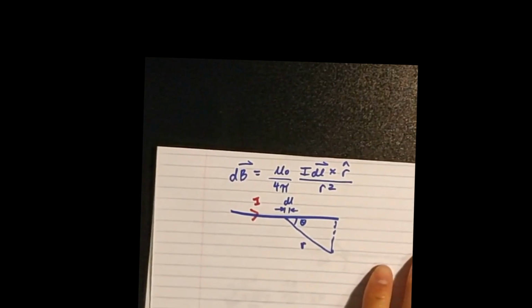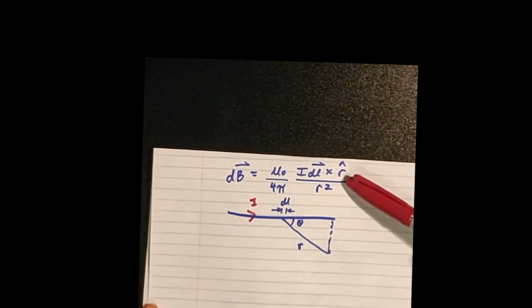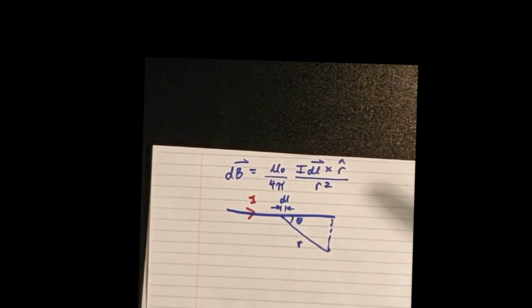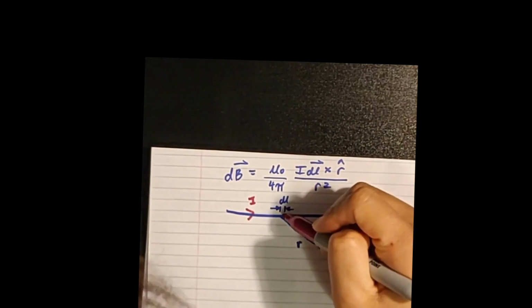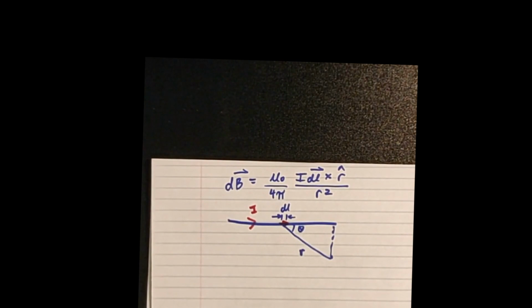But another good way of finding the direction of the magnetic field is also just looking at this cross product right here, which is I dL cross r. And like I said in the video, dL, just think of it as a very small length vector. And you cross it with r, and you're able to get the same result.